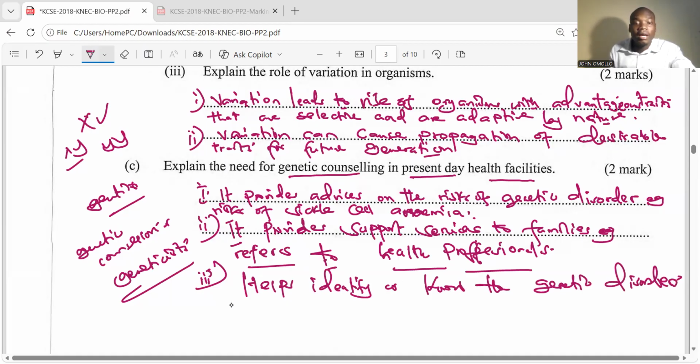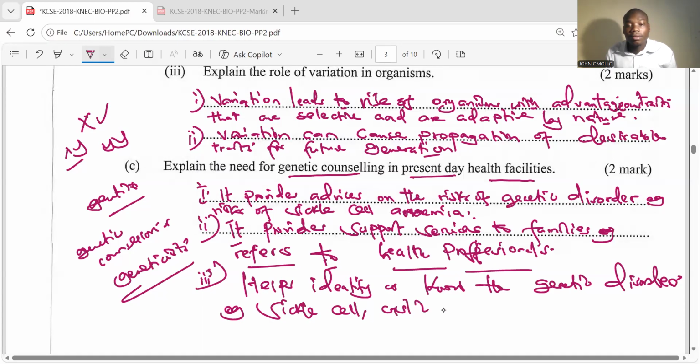So instead of even providing advices, we are going to identify and know these genetic disorders, e.g., sickle cell, cystic fibrosis, Huntington's disease, etc. There are so many. So those are some of the needs why we need to go for genetic counseling.